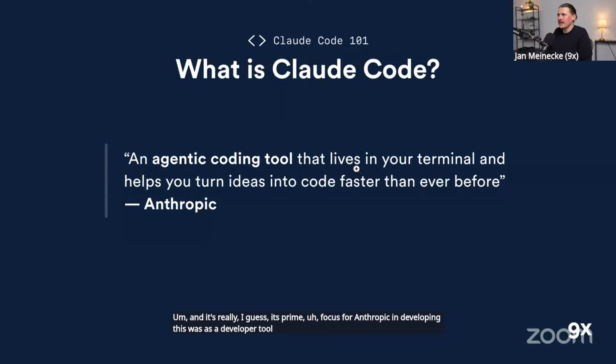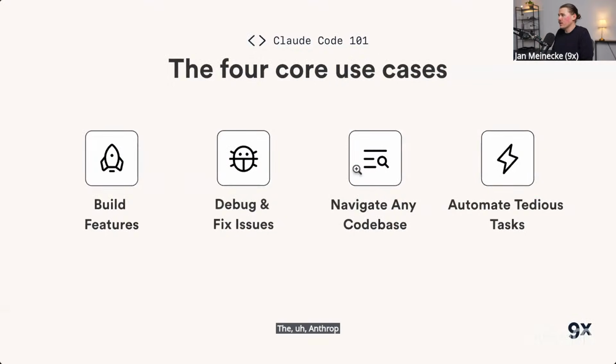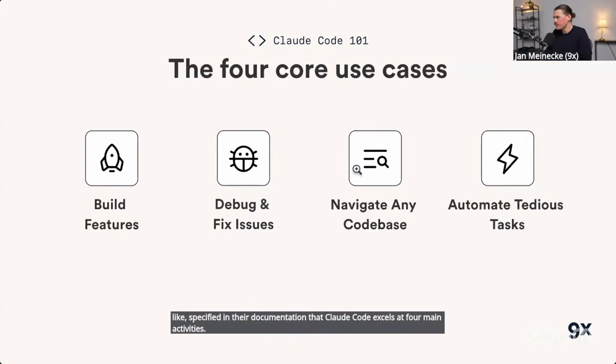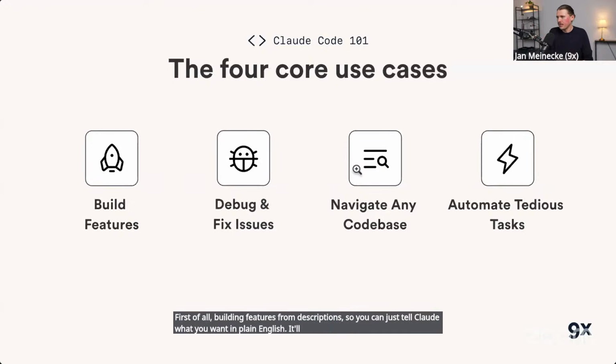But interestingly enough, again coming from Anthropic themselves, they specified in their documentation that Claude Code excels at 4 main activities. First of all, building features from descriptions. You can just tell Claude what you want in plain English. It'll make a plan, write the code, and ensure that it works. Also, debugging and fixing issues.